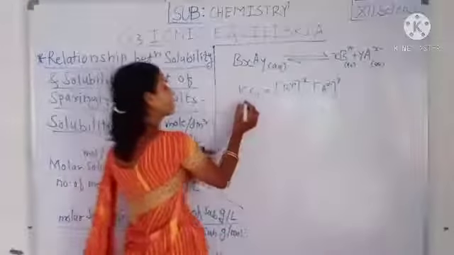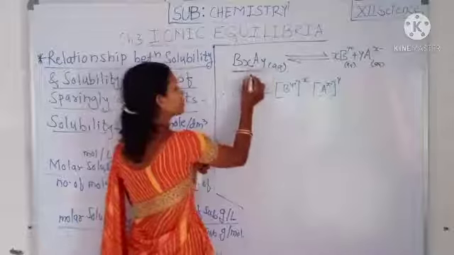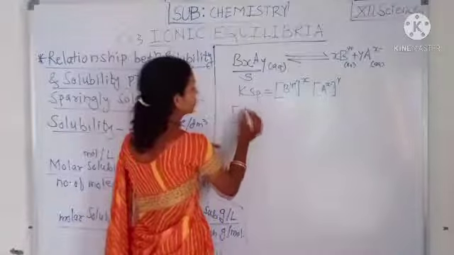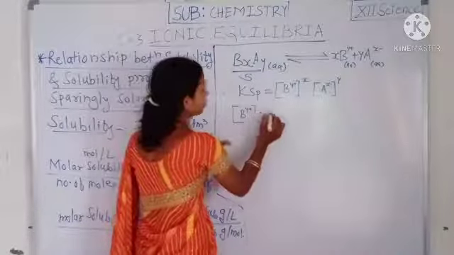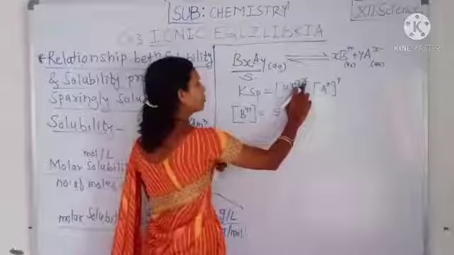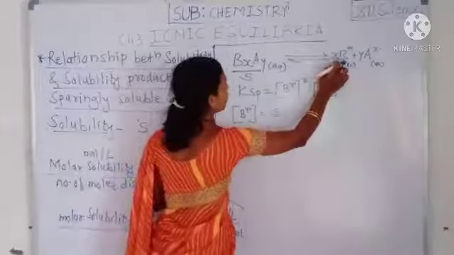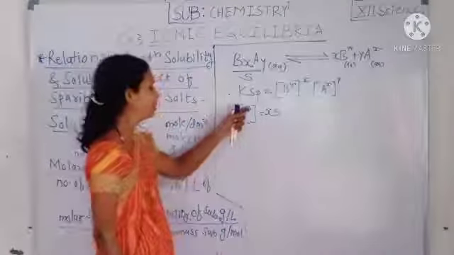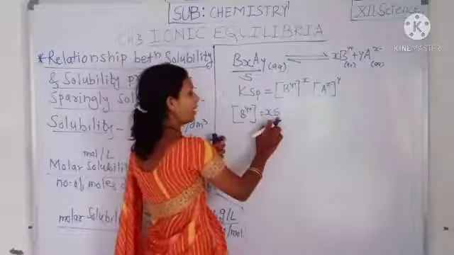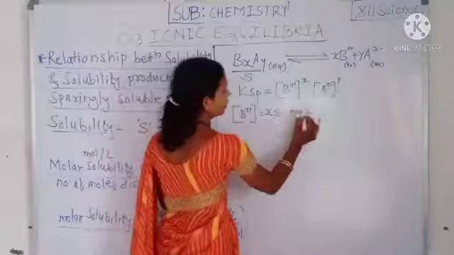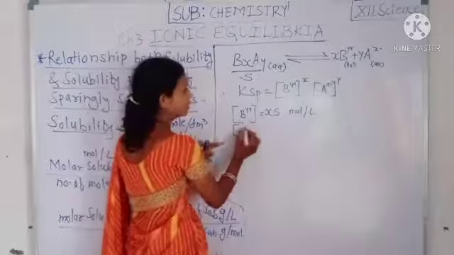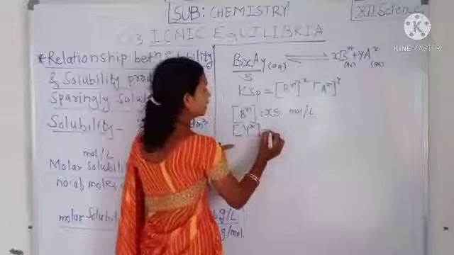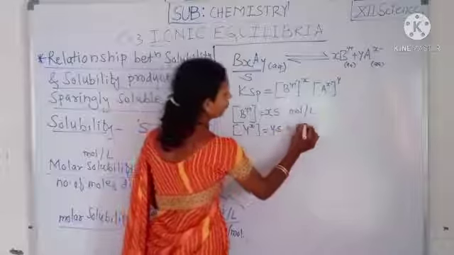If the solubility of that salt is s, then the concentration of B ion formed is s, and the total number of moles of B ions formed is x. Therefore the total concentration of B raised to y plus ion is xs mole per liter. Similarly, the concentration of A raised to x minus ions is ys mole per liter.